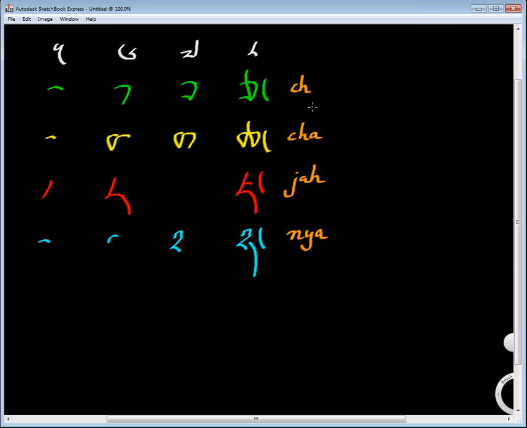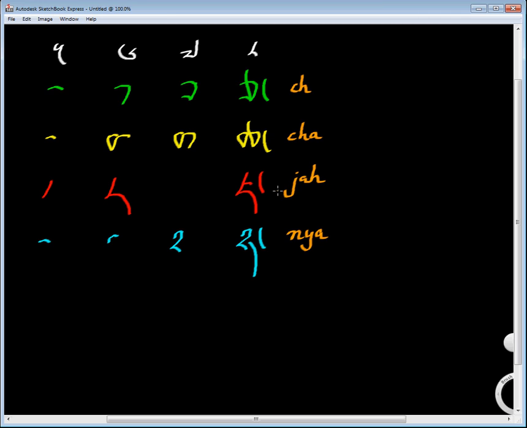Depending on which country you're from, someone may say chimpanzee and others may say chimpanzee. So that's cha and cha, very similar. And then the third letter is cha. The closest one I could think of is ja in English, like jam, J-A-M, or jug, J-U-G.